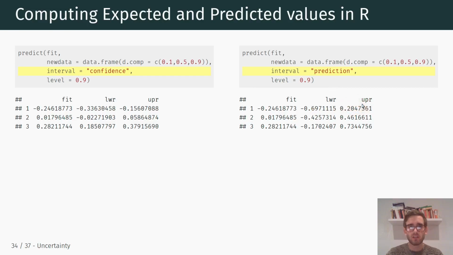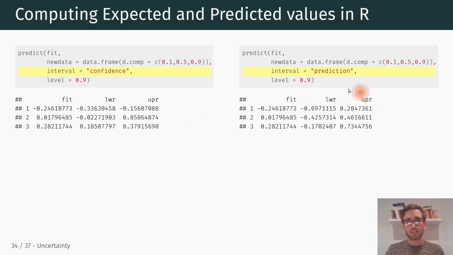And we see, of course, that the lower and upper bounds, the limits of that prediction interval, are much larger than the lower and upper bounds of the confidence interval. Again, here we're talking about the 90% confidence interval for the expected value conditional on x taking specific values, over repeated samples.